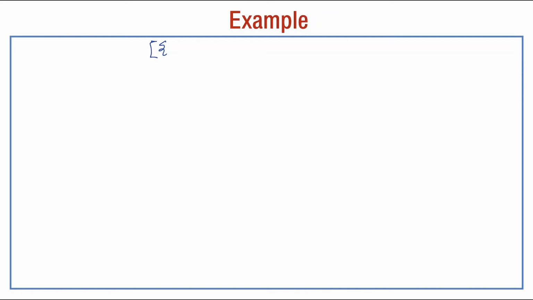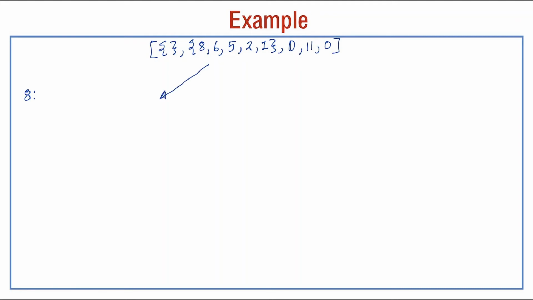Our example was null, 8, 6, 5, 2, 1, 0, 11, 0. Now at every stage, at level 1 we decide on 8.